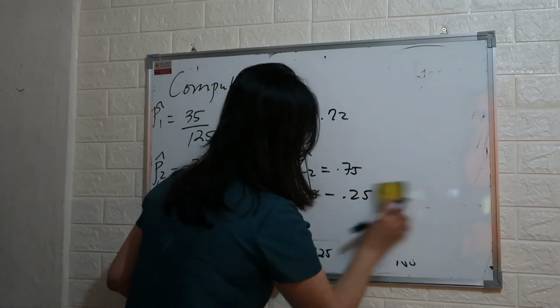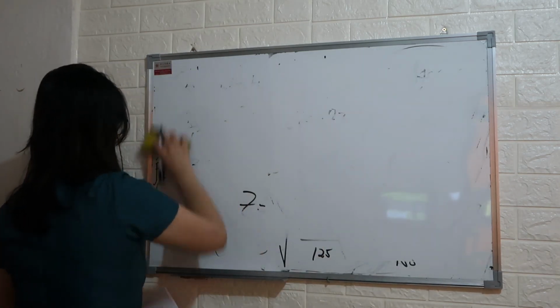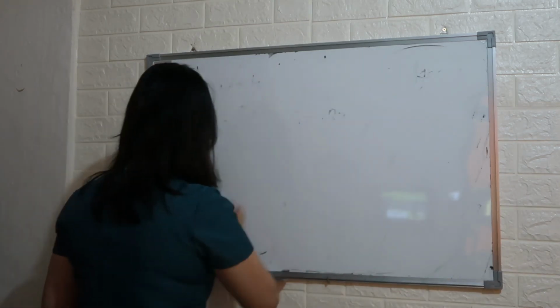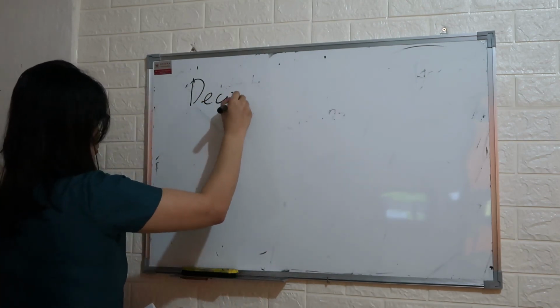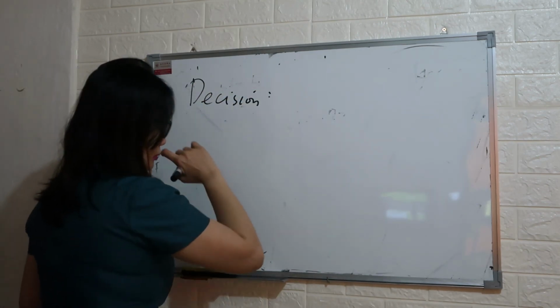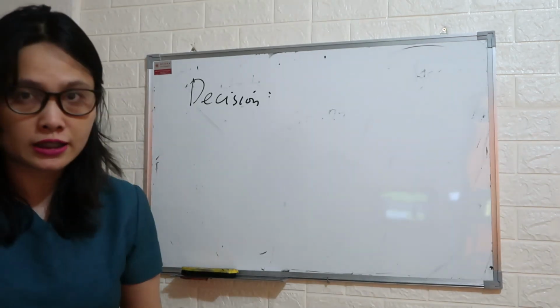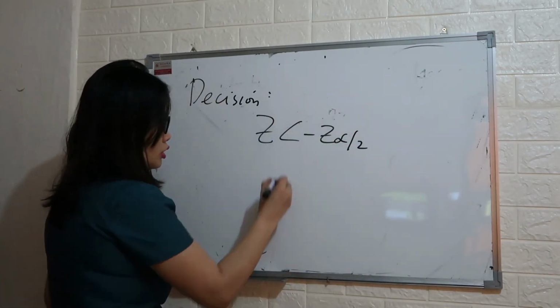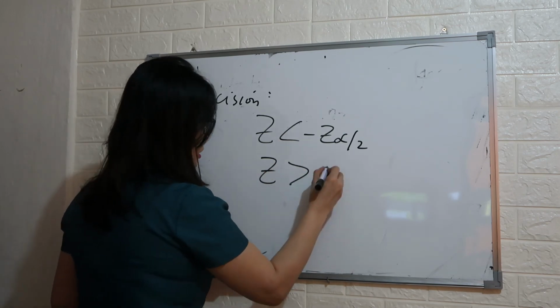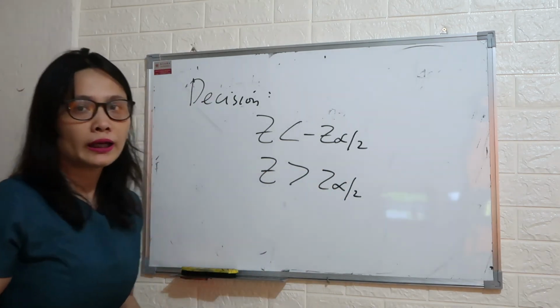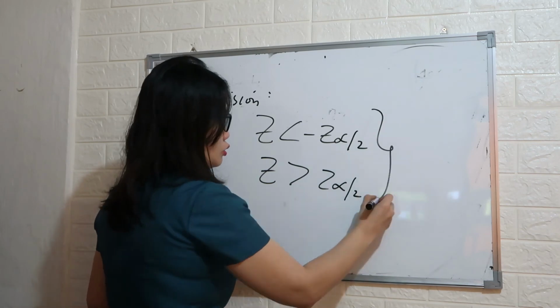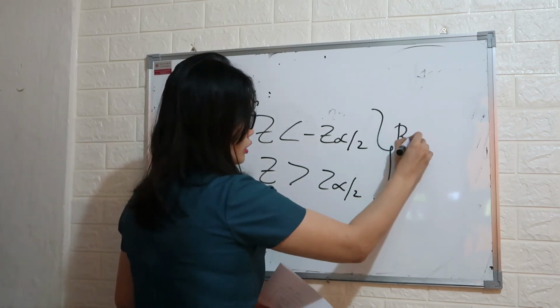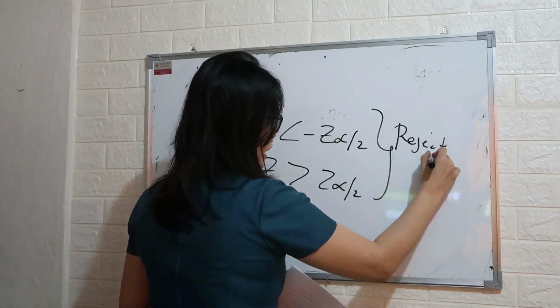After we determine the Z value, which is 0.56, we can now come up with a decision. It is a two-tailed test. If Z is less than negative Z alpha over 2, or Z is greater than Z alpha over 2, you need to reject your HO.